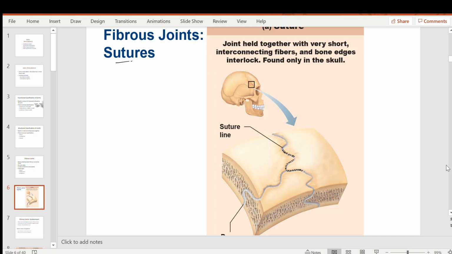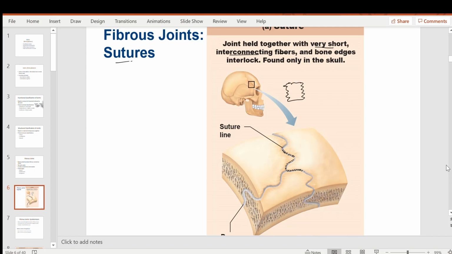So inside the joint you will find very short interconnecting fibers. Okay, and the edges of the bones are interlocked. So like this is the edge of one cranial bone, for example your parietal bone.